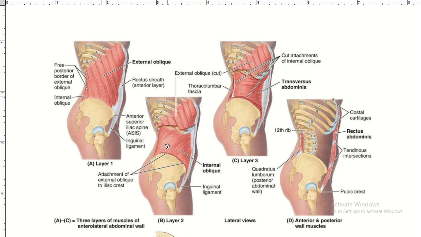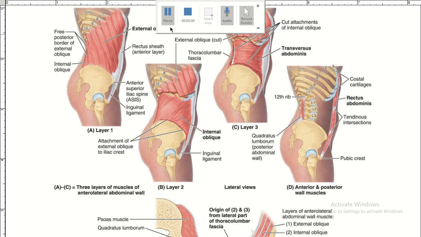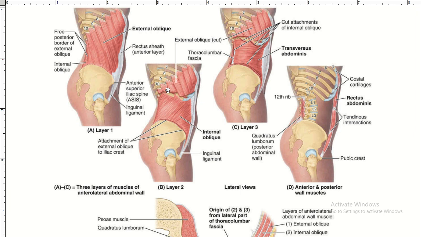It originates from the thoracolumbar fascia, the anterior two-thirds of the iliac crest, and the lateral one-third of the inguinal ligament, that ligament that we said is formed by the external oblique.